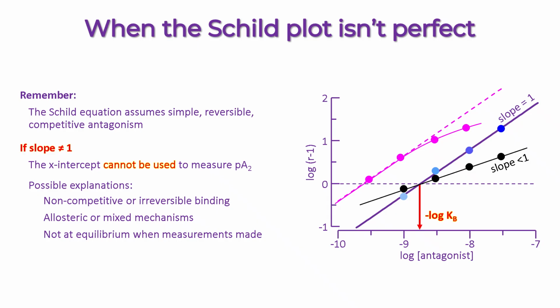Whenever the plot is non-linear or has a slope not equal to 1, it's a signal to look more closely at the drug's mechanism of action rather than just its potency. So, while a perfect Schild plot gives us a clean pA2 value, a non-ideal one can reveal much more about the complex pharmacology of the receptor.